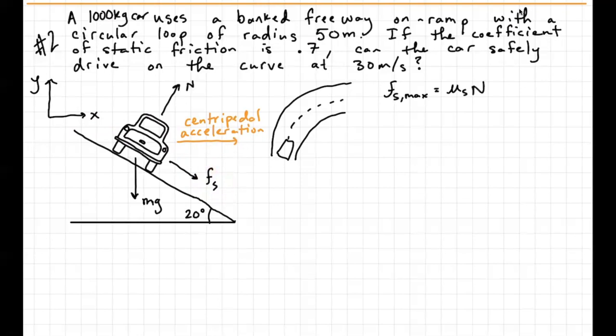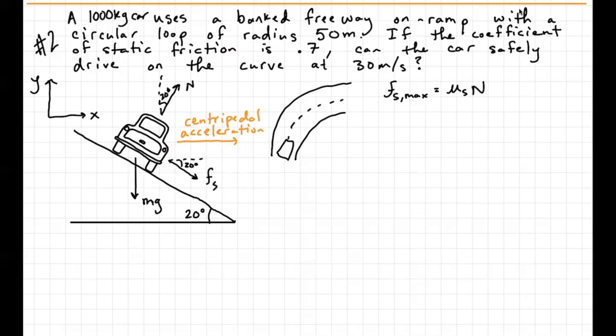Okay, so let's break this down. We're going to work with Newton's second law again. I'll draw some triangles. You can convince yourself that this angle is 20 and this angle is 20, because we're going to have to break these forces into components.